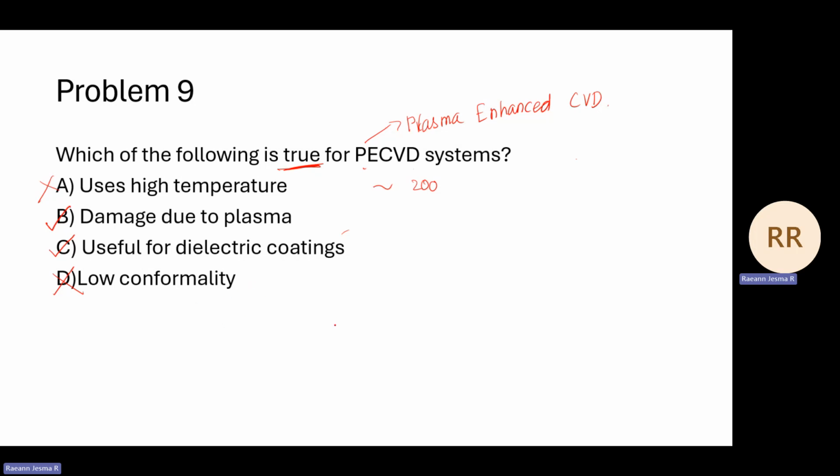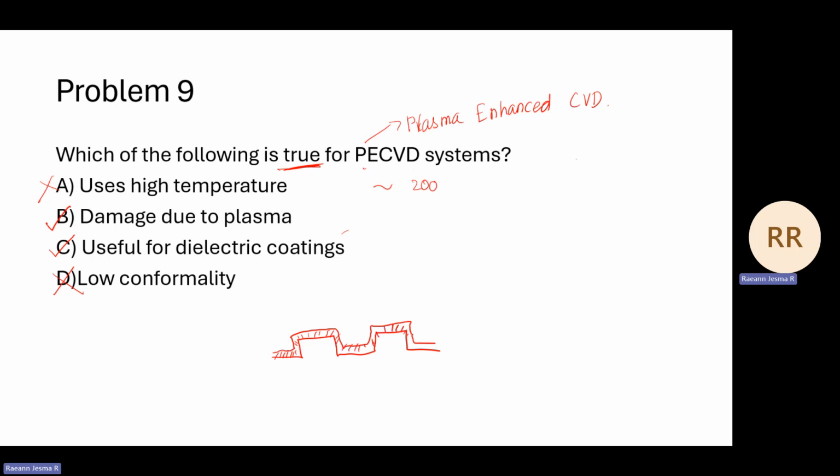What conformality means is that if you have a topography like this, and you have a conformal film, then once you have deposited that film, it should follow the underlying topology like this. Once you have deposited the film, you will have that same topology on top.